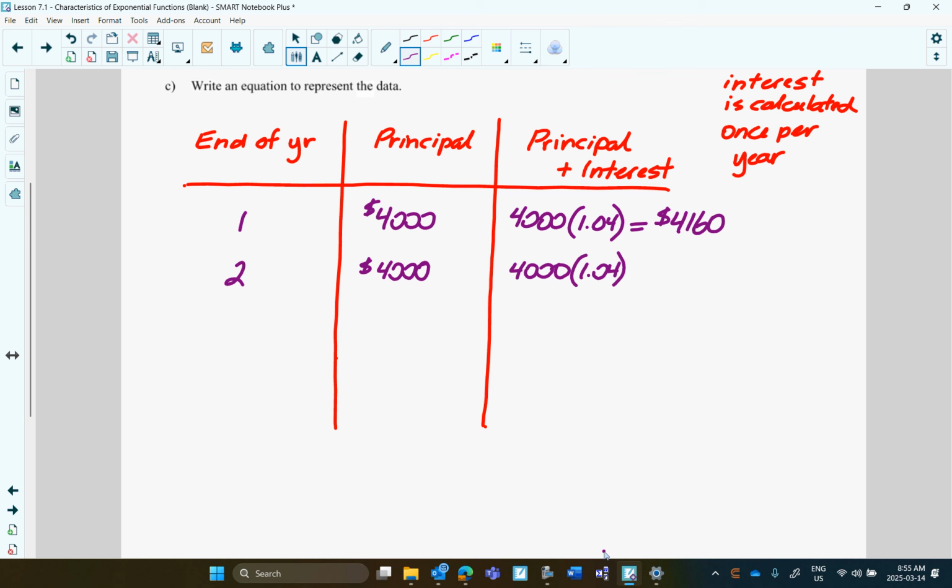For year 2, I do 4,000 times 1.04 times 1.04 again. Because that's how much you made in year 1, 4,160, and we're going to multiply that by 1.04 again. When we do that, we get $4,326.40. Notice we didn't make 160. We made a little more than 160 that year.